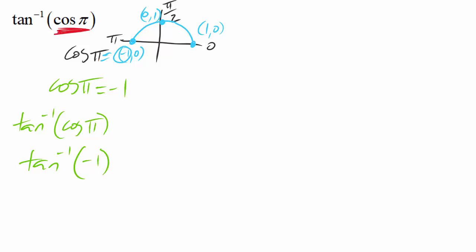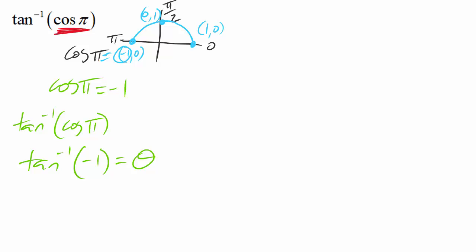And now the restrictions for inverse tangent is that our angle we get for our answer is going to have to be in either quadrant 1 or quadrant 4. Alright, so remember that this inverse tangent of negative 1 is going to give us some angle theta.